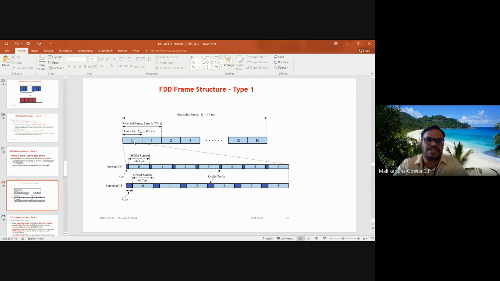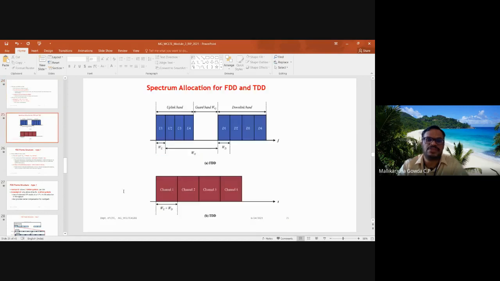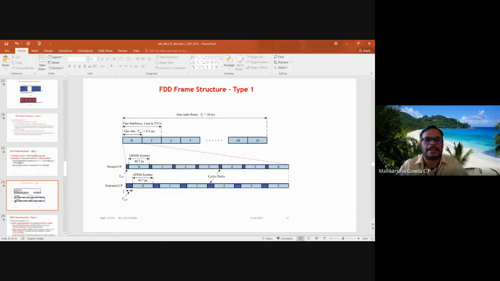Similarly for the extended cyclic prefix, there will be 6 OFDM symbols in one slot, and the duration of the cyclic prefix is more than the normal cyclic prefix. It is 16.7 microseconds in case of extended cyclic prefix, and 4.7 microseconds in case of normal cyclic prefix.